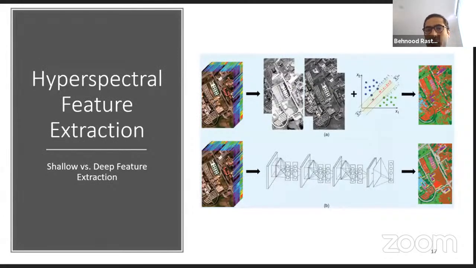So that was a very brief review of shallow feature extraction, and now we move to deep feature extraction. As we said already, in conventional machine learning techniques, we first apply feature extraction or feature reduction, and then a supervised classifier for the classification task. Deep learning techniques basically automate this process.